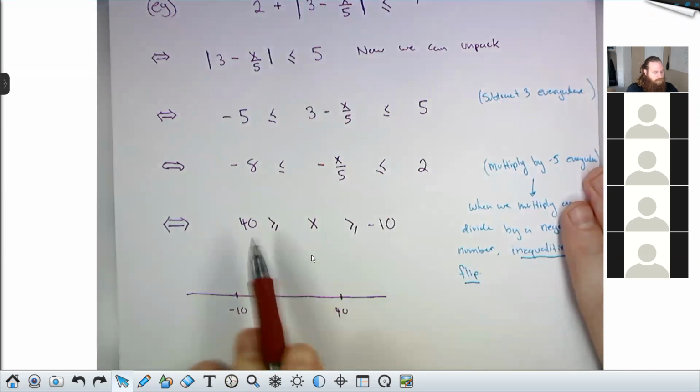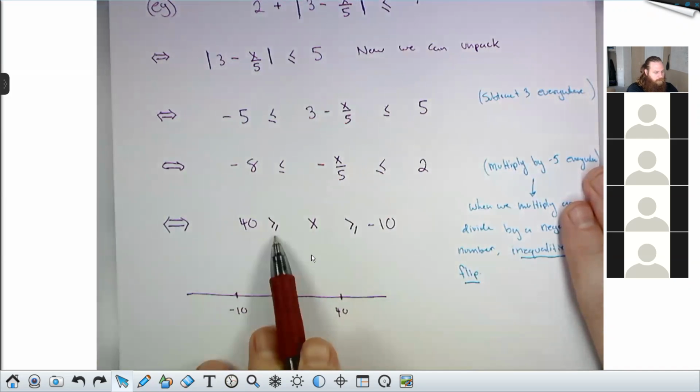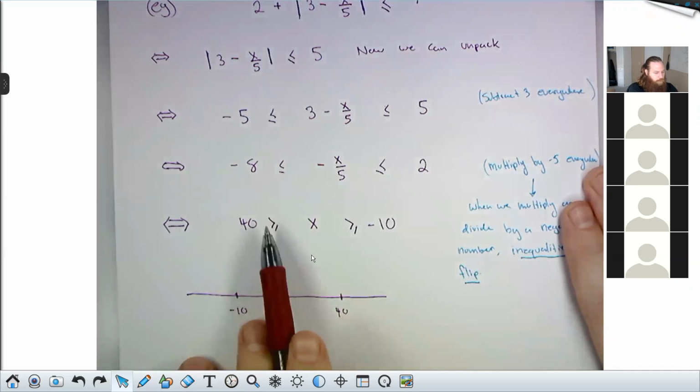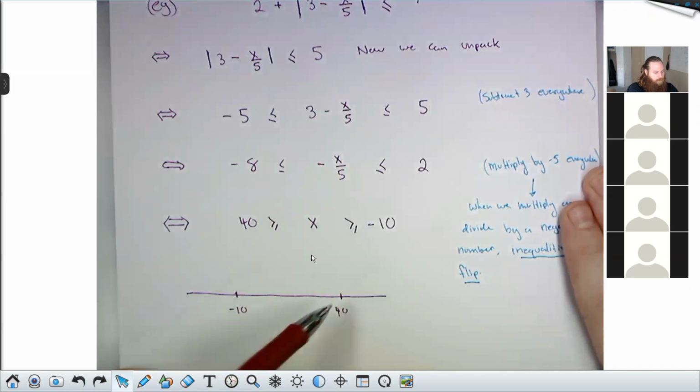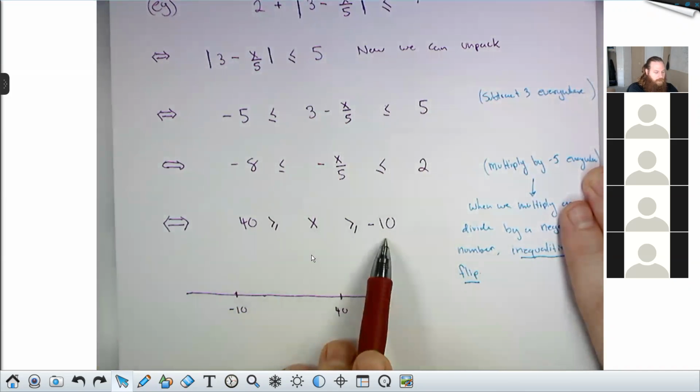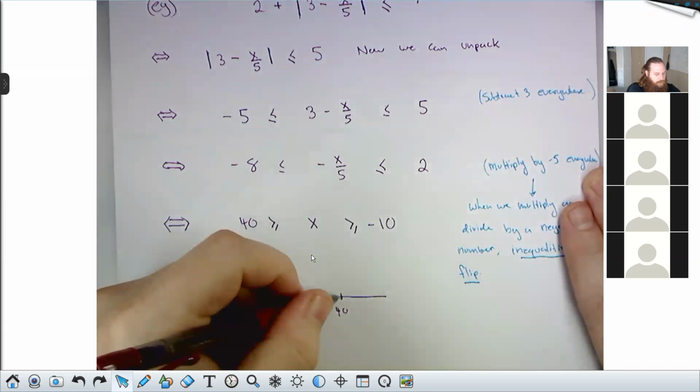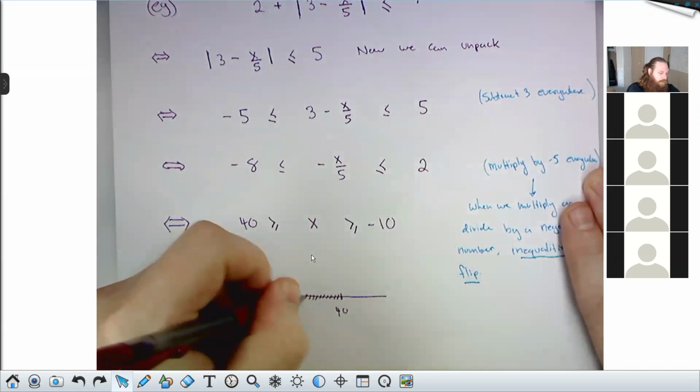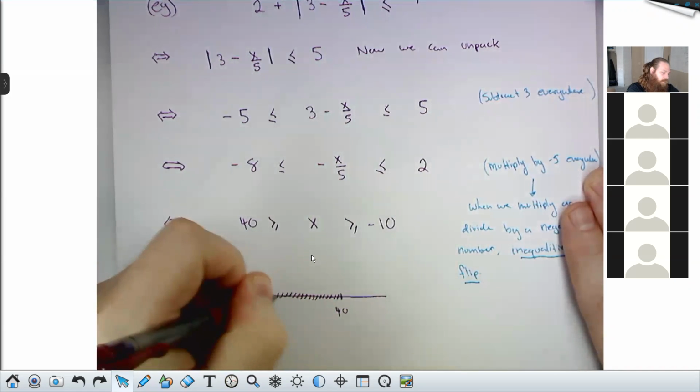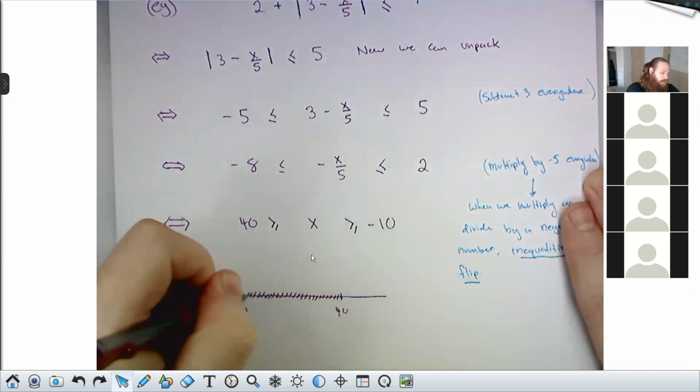I need my x's to be smaller than 40, right? This says 40 is bigger than x. So I'm interested in things to the left of 40, but I also need x to be bigger than negative 10. So I'm interested in the stuff that's between 40 and negative 10.